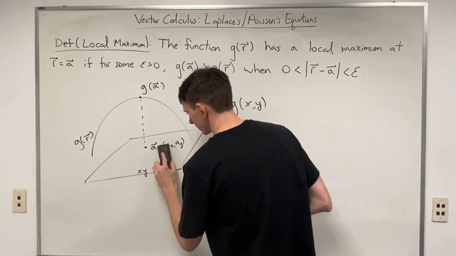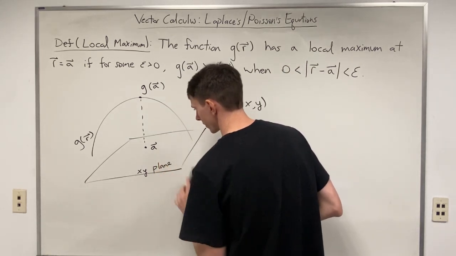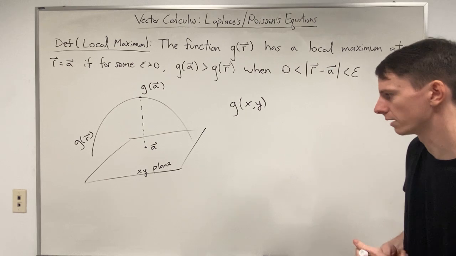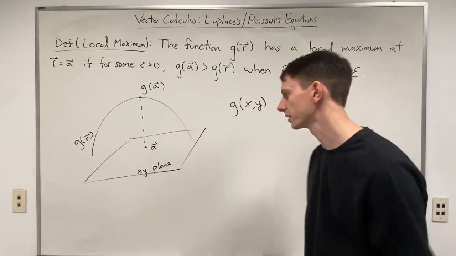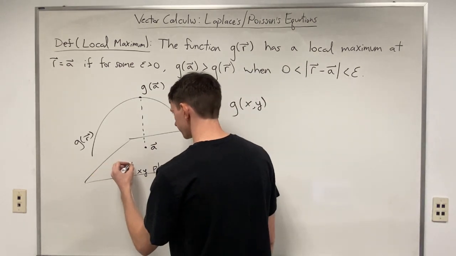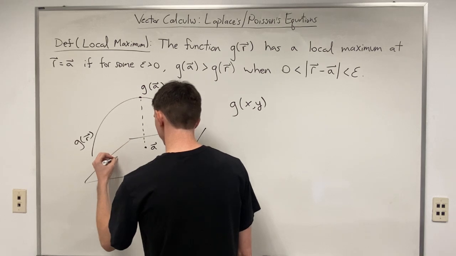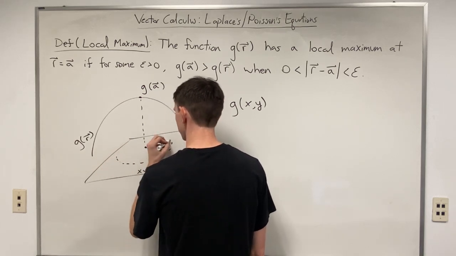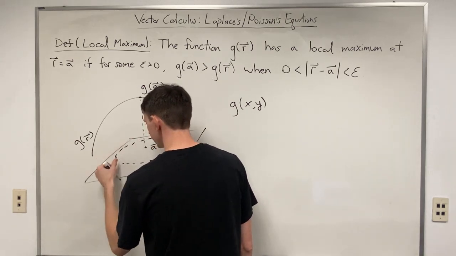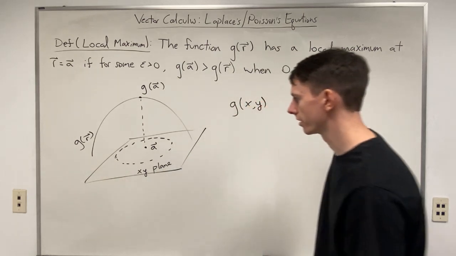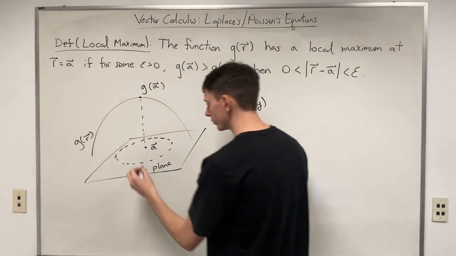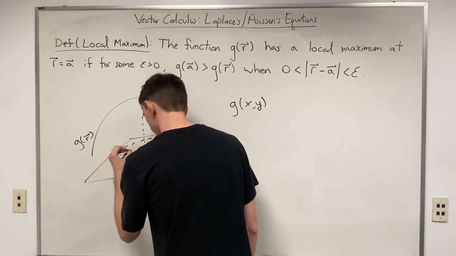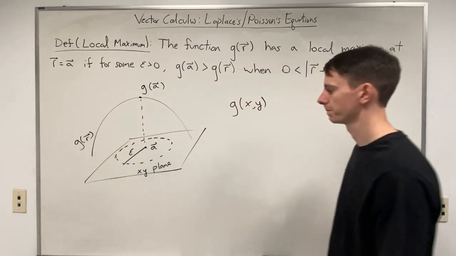So to keep this clean and not get too cluttered, I'm going to erase that notation for now. We can see this is all in the xy plane, but I'm going to define a neighborhood kind of like this. I'm going to draw a 2D circle in the xy plane, and the radius of this circle is going to be defined by this epsilon parameter.